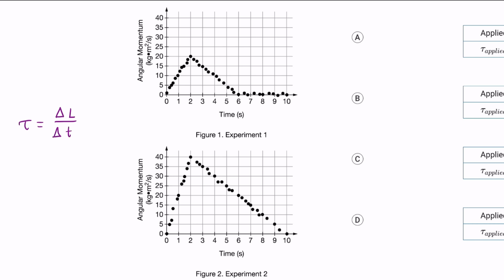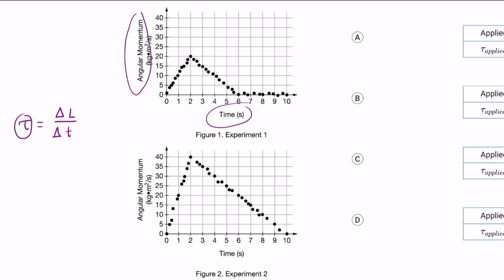Now, what's special about that is that these graphs are angular momentum over time. So if we take the change in y over the change in x, that represents the slope of the graph, right? That's the definition of slope on a graph. So we can find out how much torque the disk is experiencing at any point on these two graphs if we just take the slope, all right?